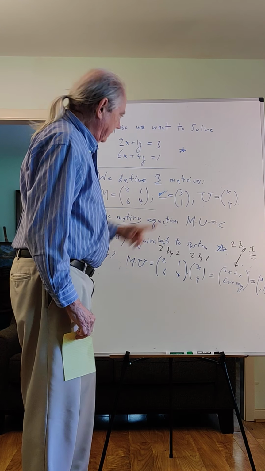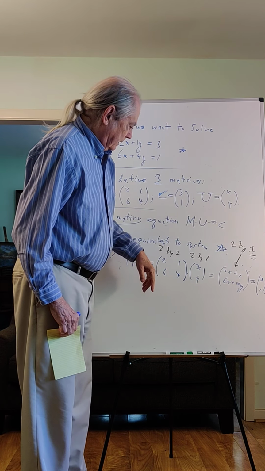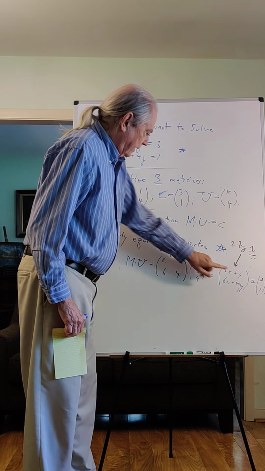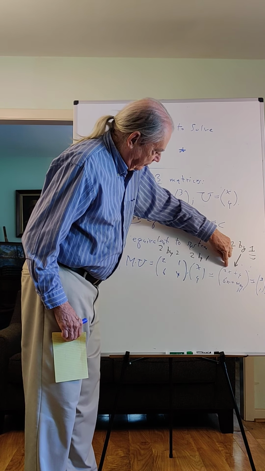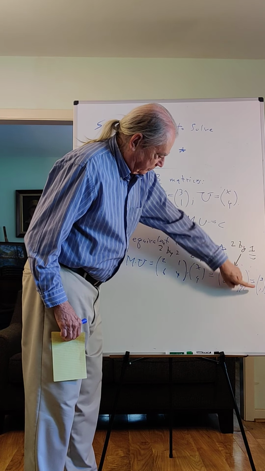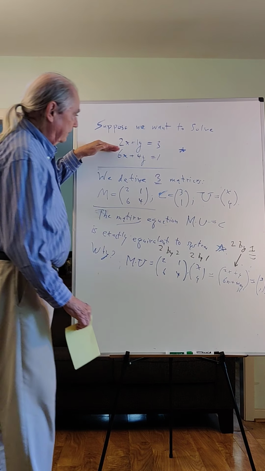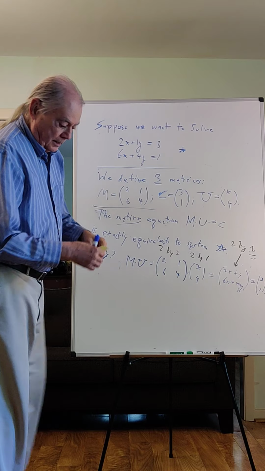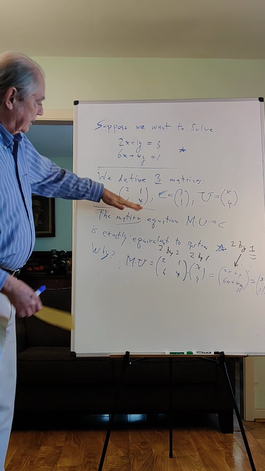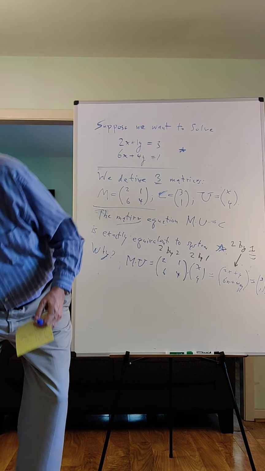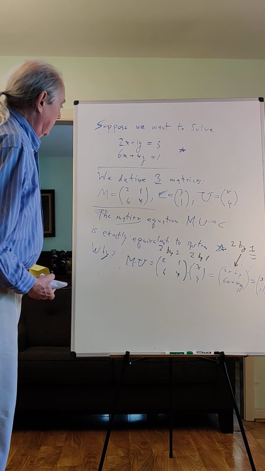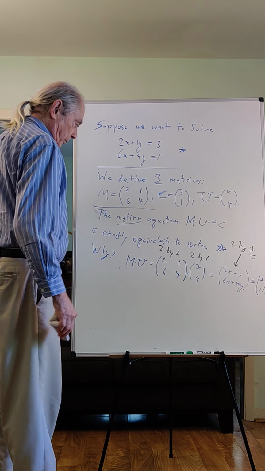So when we say m times u equals c, we're claiming that this equals this. In other words, 2x plus y equals 3 and 6x plus 4y equals 1. That's exactly this system here. Okay, so we see a more significant connection or application for matrix multiplication.